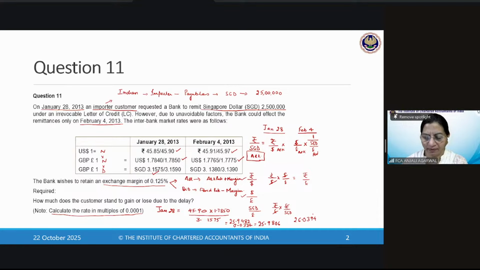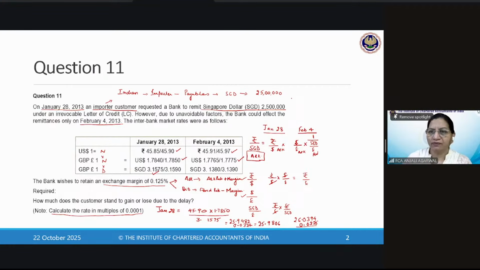Similarly, when you apply the margin on 26.0394, the margin comes out to be 0.0325. And when you add this margin, the applicable rate would be 26.0394 plus 0.0325, so the final answer is 26.0719.